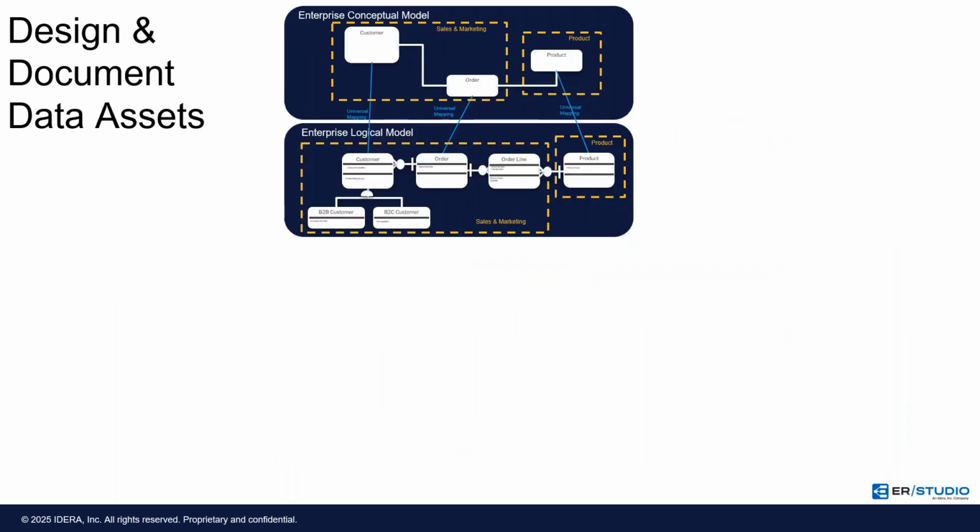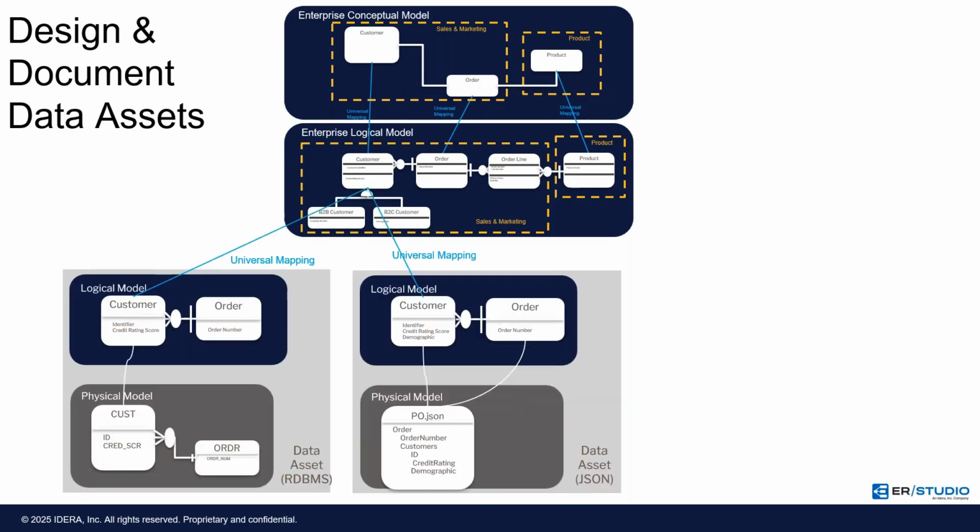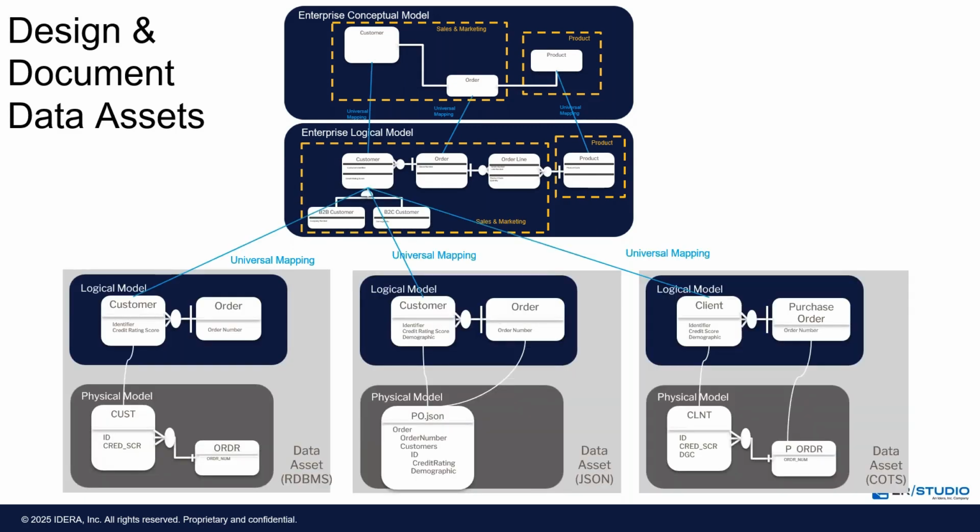So if we now start drilling into a bit more detail from a data model perspective, and again, I'm going to build these up, I think, first, and then we'll start talking about them. The reality is, of course, that underneath the enterprise logical model, at some point, we're going to end up with a set of data assets.